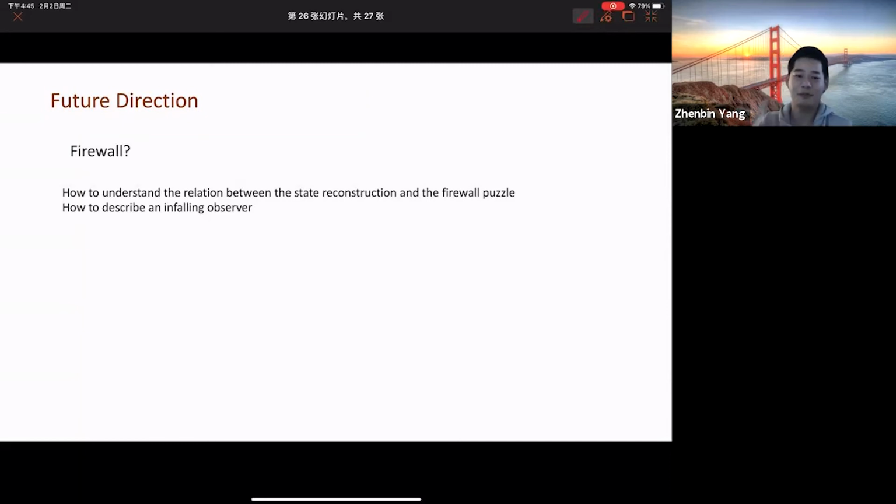For example, some people say that the firewall states can form a complete basis, almost spanning all the typical states. Therefore, there must be a firewall. But maybe you can also say it the other way: the non-firewall states can also span the complete basis of the typical states. So how should I understand, if I fall into a black hole in a typical state, whether I should have a firewall or not?